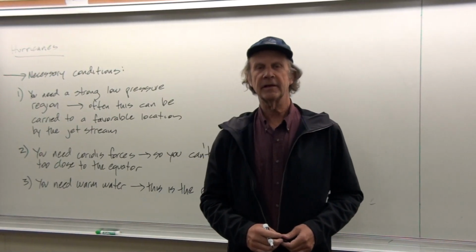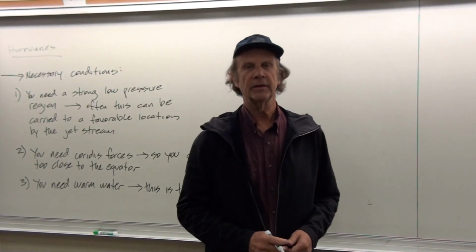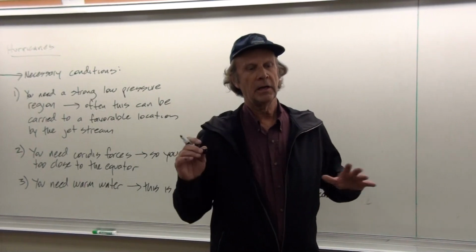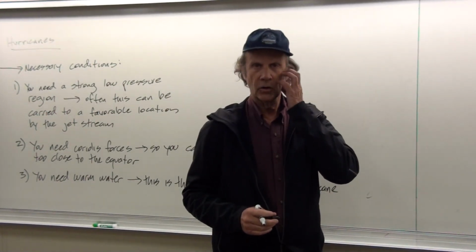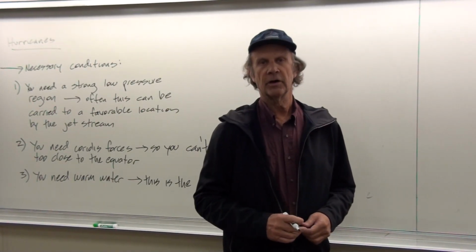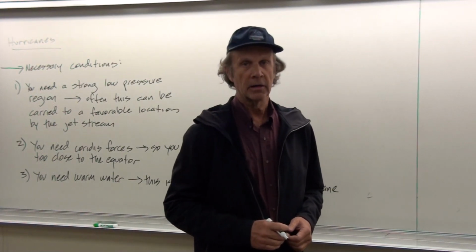All right, next I'd like to take a look at hurricanes, and you can think of these as being huge storms that normally get their energy from warm ocean water.